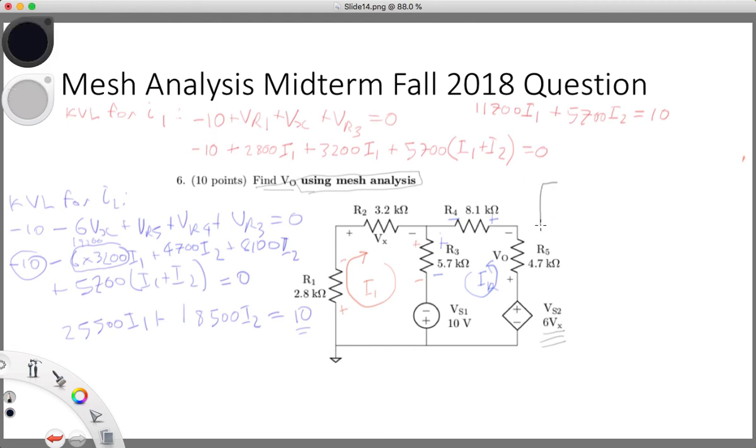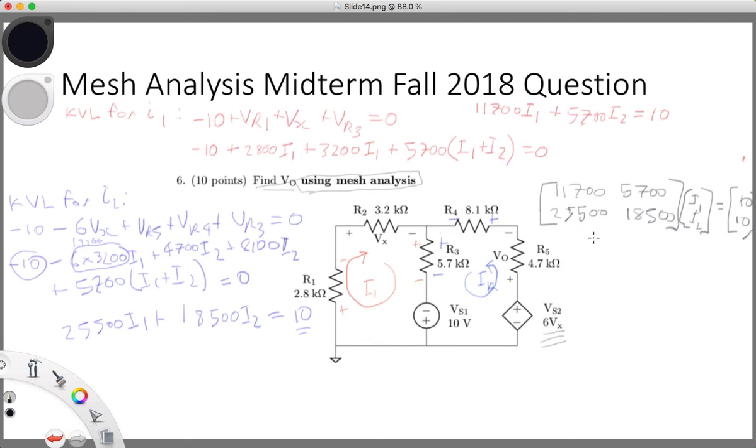So that makes our matrix equation something like 11,700, 5,700, 25,500, 18,500 times I1, I2 equals 10, 10.